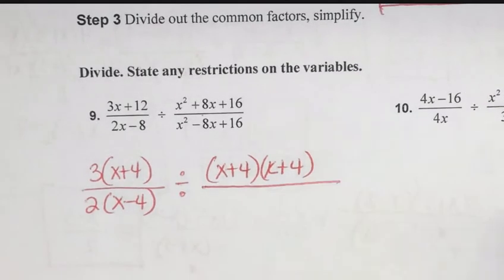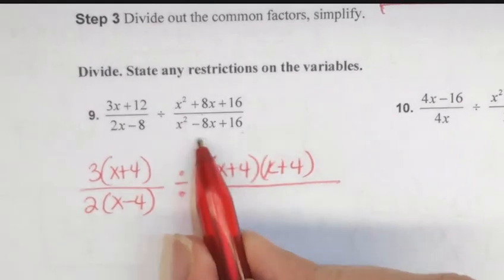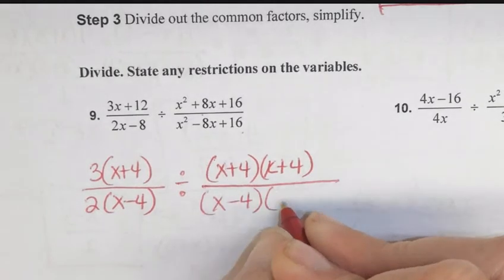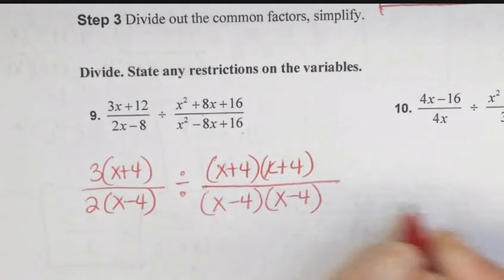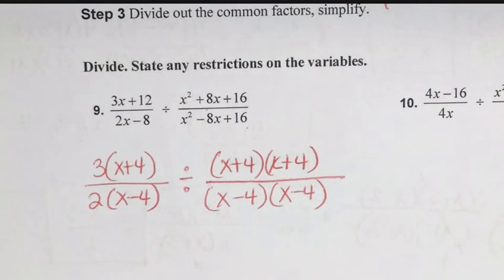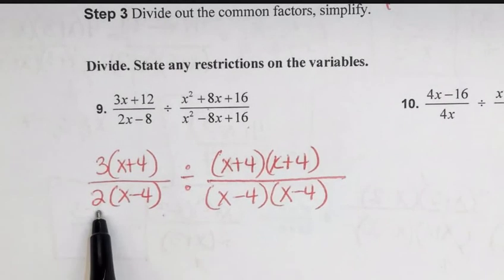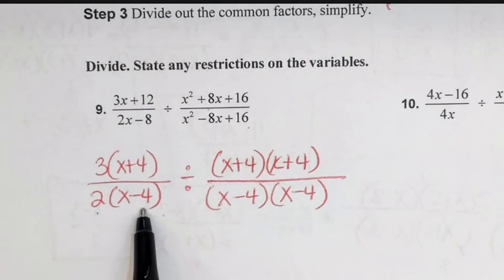Divide by factors of 16 again that add this time to negative 8. Who are they? Perfect. Restrictions is the hardest piece, guys. Restrictions. I've got to look here. Can 2 be 0? No, I'm not going to worry about that. 2 is 2. Can x minus 4? Oh, if x is what?